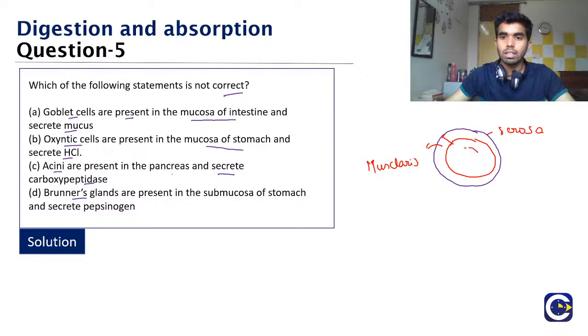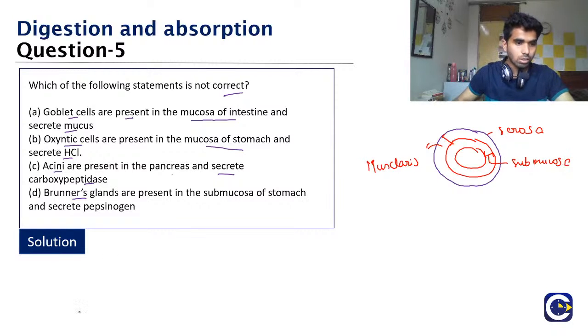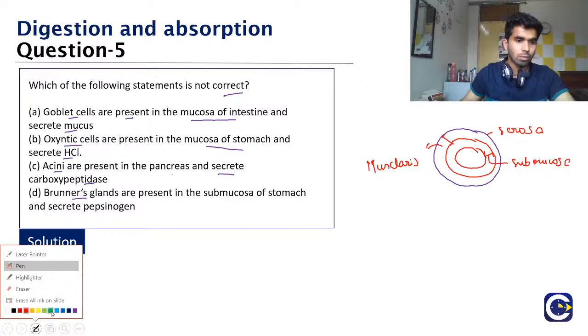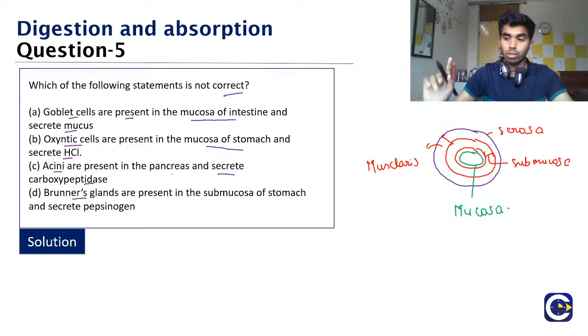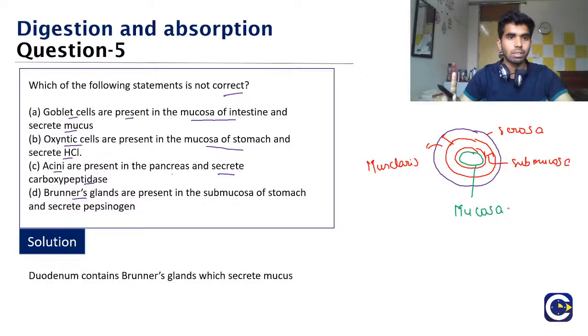Below the muscularis is the submucosa, and just below the submucosa an important layer is present, and the name of that layer is mucosa. And mind it, all the glands in our digestive system are present in this layer, that is mucosa.